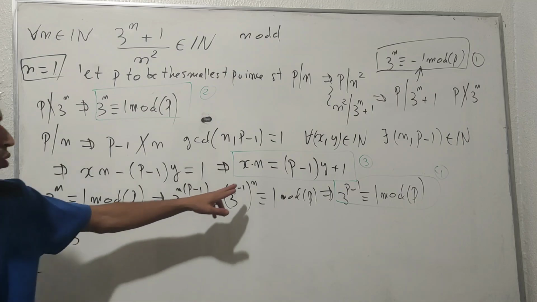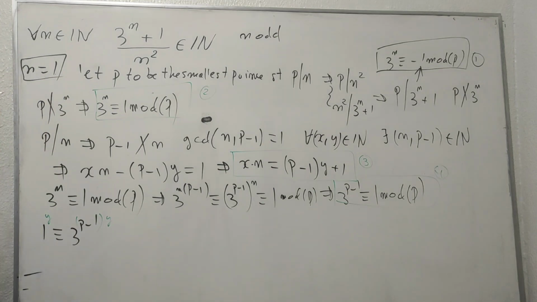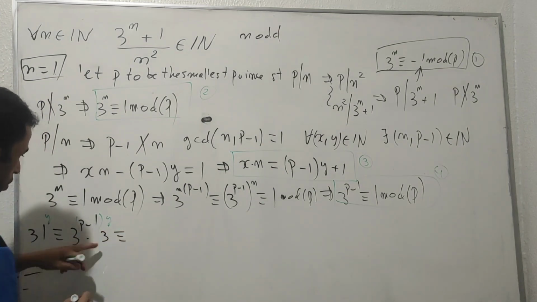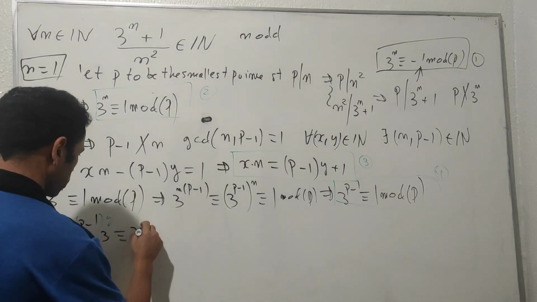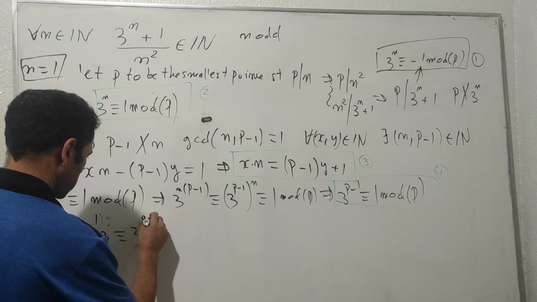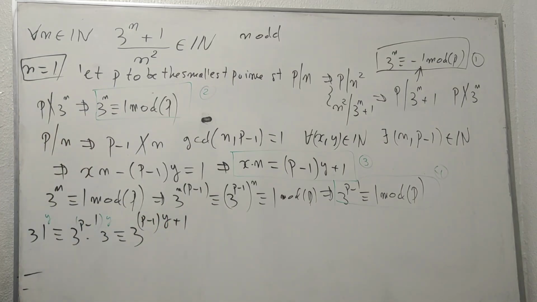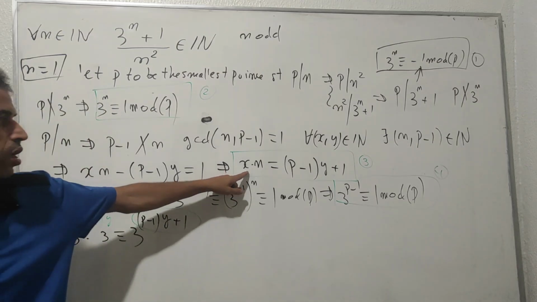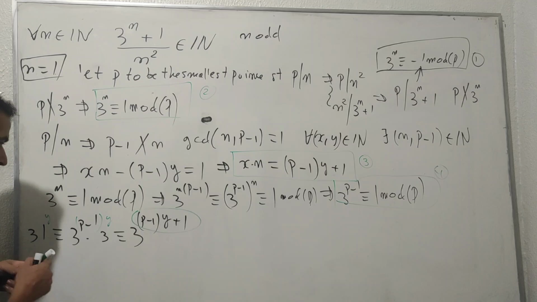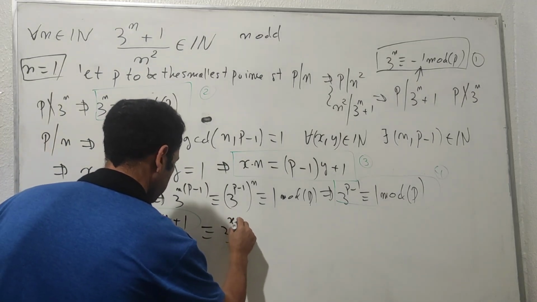Because I'm going to arrive at this statement. Okay, let's multiply both sides by 3. This one I'm going to add to the exponent. I get 3 to the (p minus 1) multiplied by y plus 1. Okay, if you take a look carefully here, this exactly equals x multiplied by n. So this is going to be congruent to 3 to the x multiplied by n.